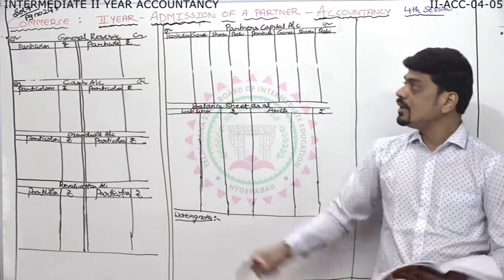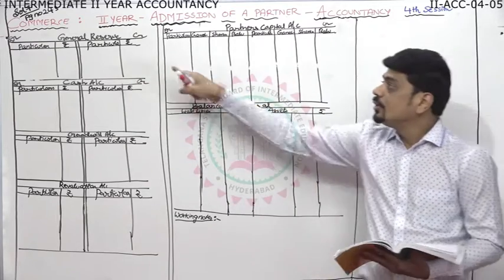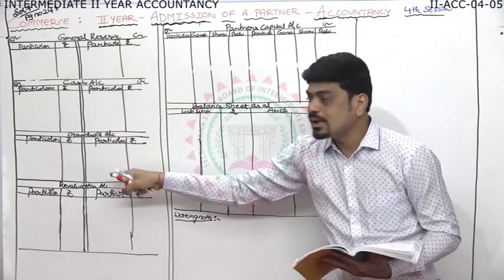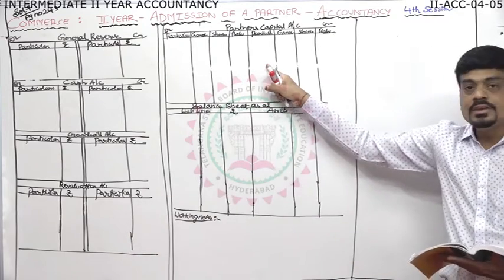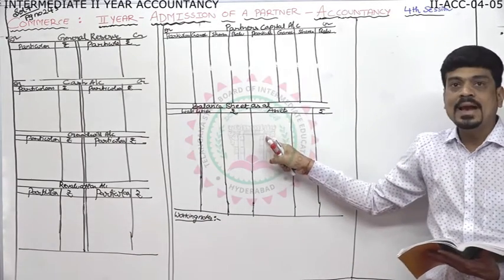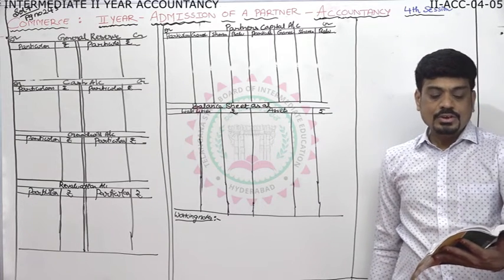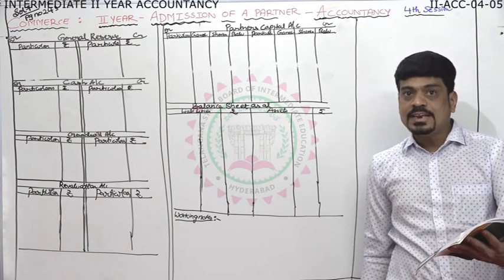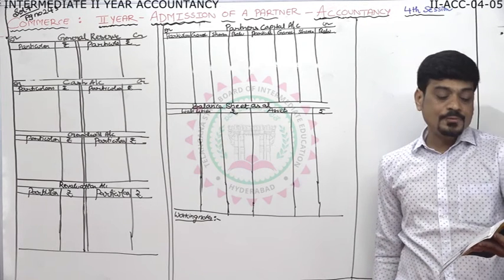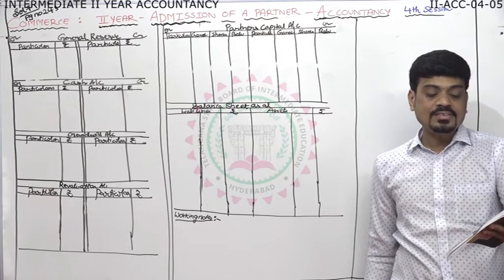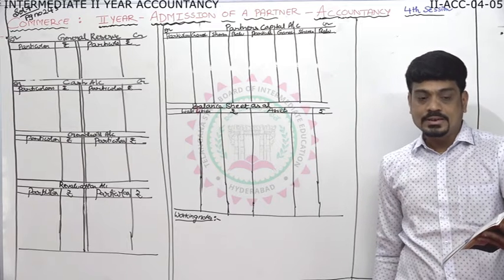So, as usual, I have prepared the accounts which are needed: general reserve account, cash account, goodwill account, revaluation account, partners capital account, and the balance sheet here. Now, if you look at the balance sheet, you come across various assets and liabilities and a few adjustments. Balu brings 75,000 capital and 40,000 goodwill.